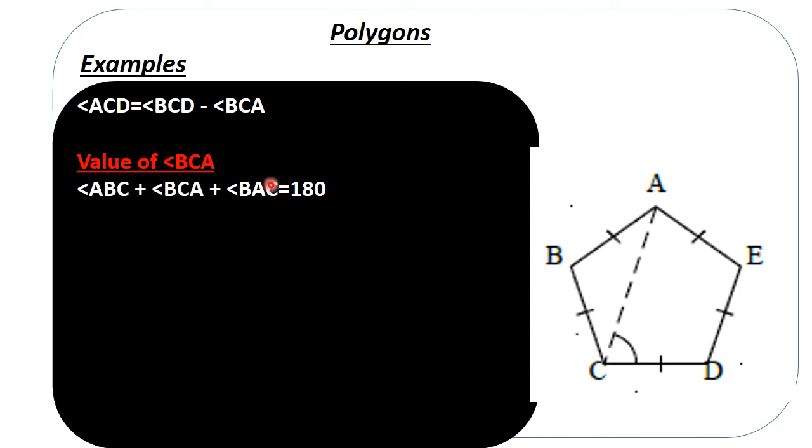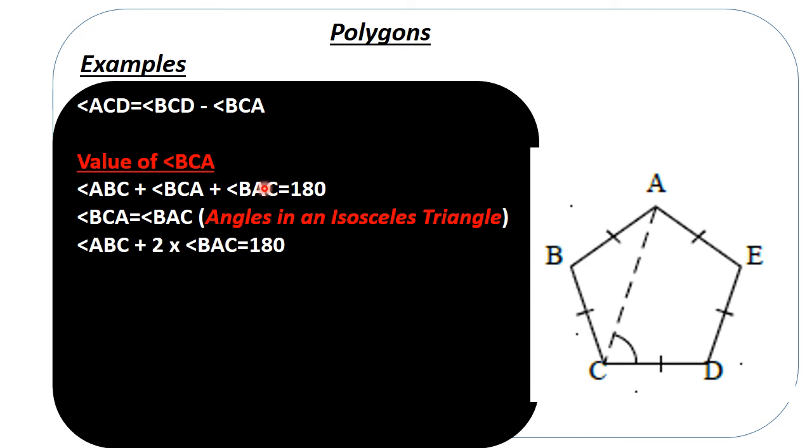But we know that BCA and BAC are the same, so we can say ABC, which we know is 108, plus 2 times BAC. It's like we have said this is x and this is x, so x plus x is 2x.